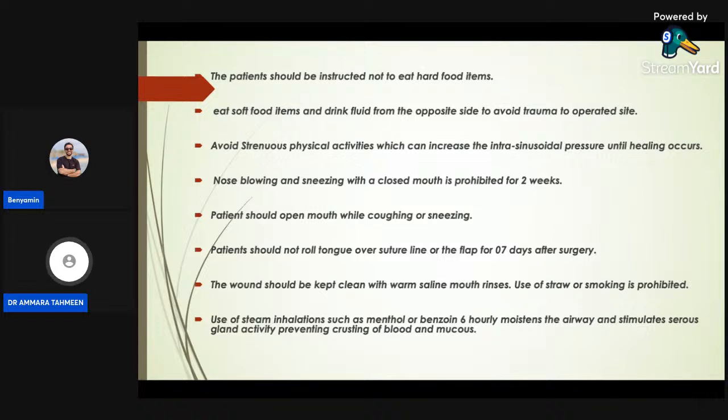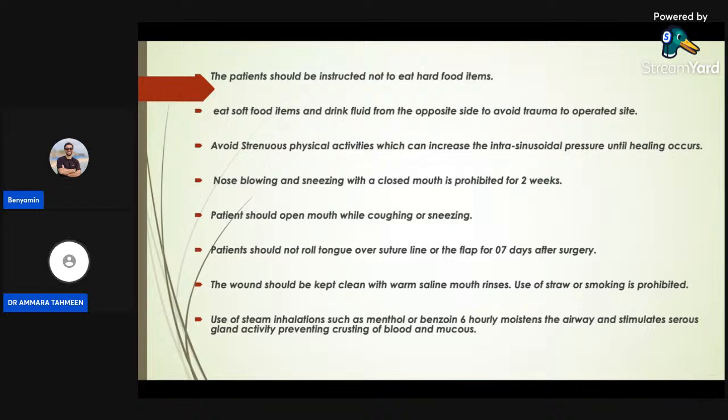Next, nose blowing and sneezing with a closed mouth is prohibited for 2 weeks. The patient should be instructed to avoid nose blowing and sneezing while closing the mouth. When the patient blows the nose or sneezes with the mouth closed, what happens?